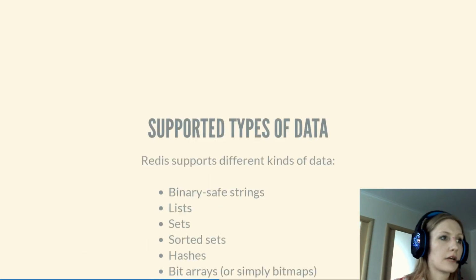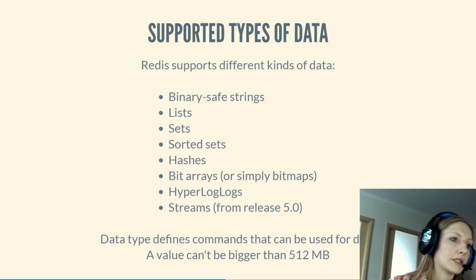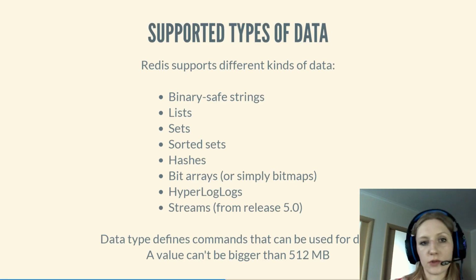As I have said, Redis can work not only with strings but with complex data structures, and here they are: binary safe strings, lists, sets, sorted sets, hashes, bit arrays or simply bitmaps, HyperLogLogs, and streams from version 5.0. And as I have said, a value can be up to 512 megabytes.